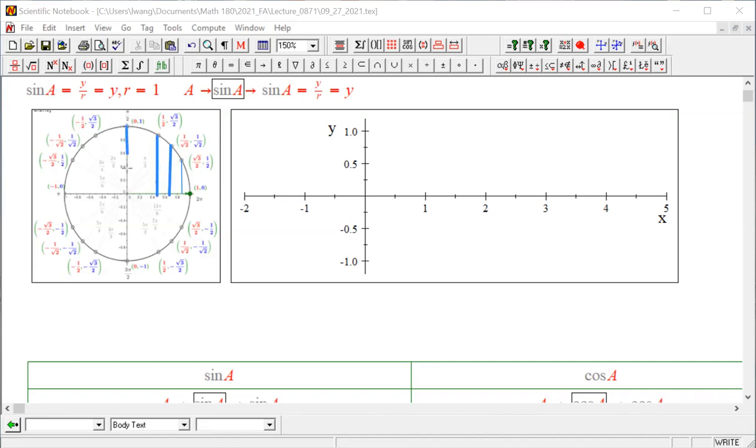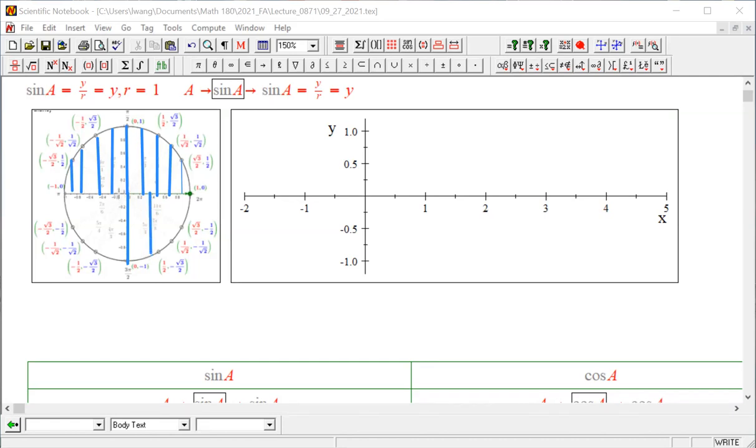What's the highest blue bar it can be? 1, right? And what is the lowest? -1, right? There are lots of blue bars in between. Some happen to be special angles, and some are not. In fact, between the special numbers, there are lots of non-special numbers.